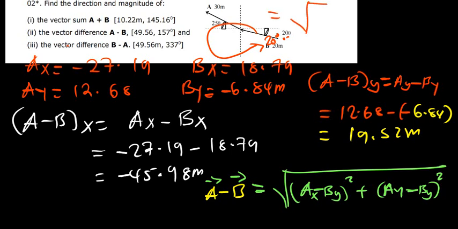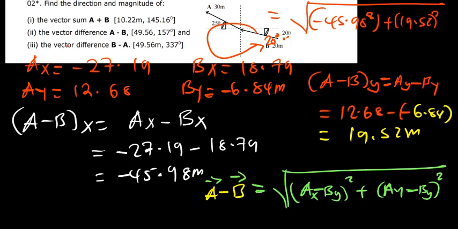So it will be the square root of the first part, negative 45.98 squared, plus the second part, 19.52, again squared. The negative, just ignore it because you are squaring it, you get a positive.